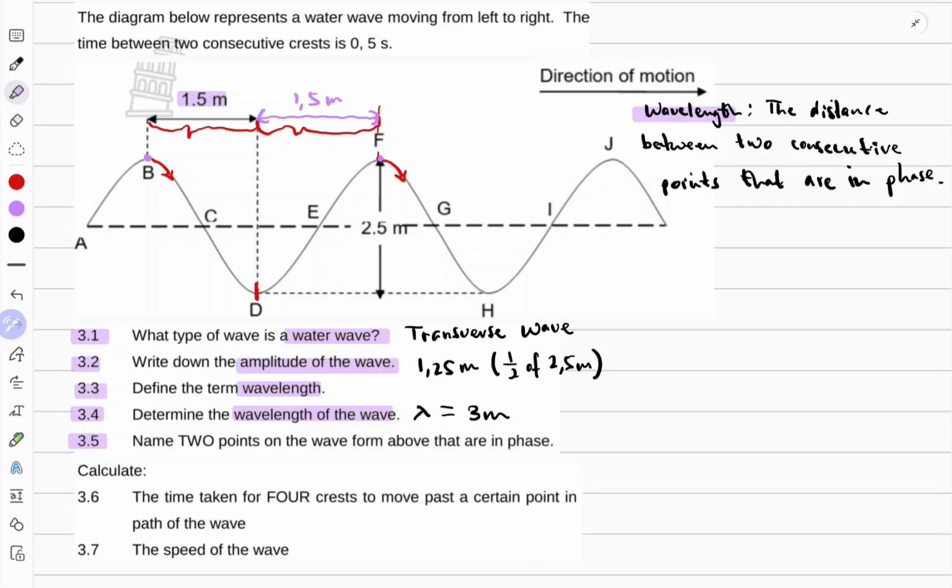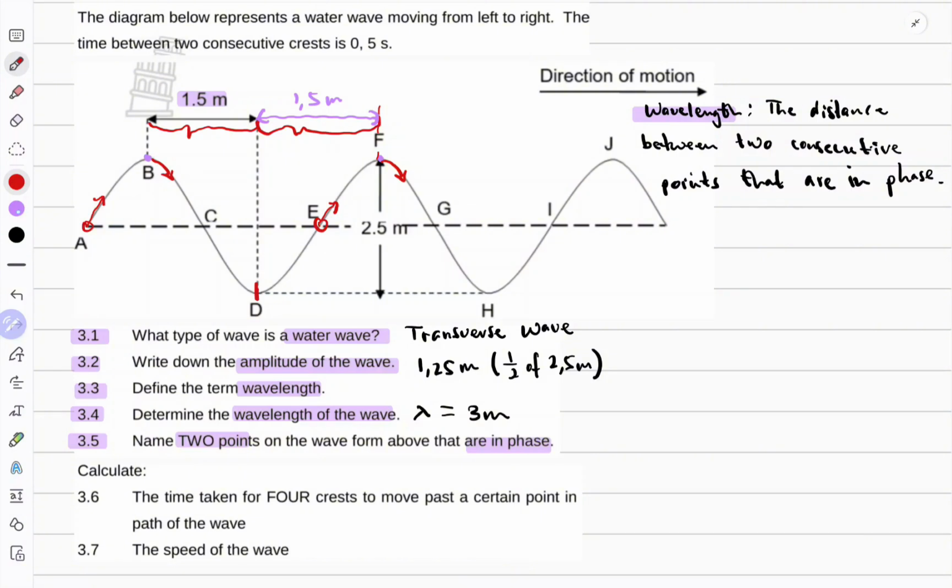So the next question says, name 2 points on the waveform above that are in phase. So they want us to name 2 points. We saw earlier that point A and point E are in phase because they're both on the equilibrium and they lead to a rise in disturbance of the wave.